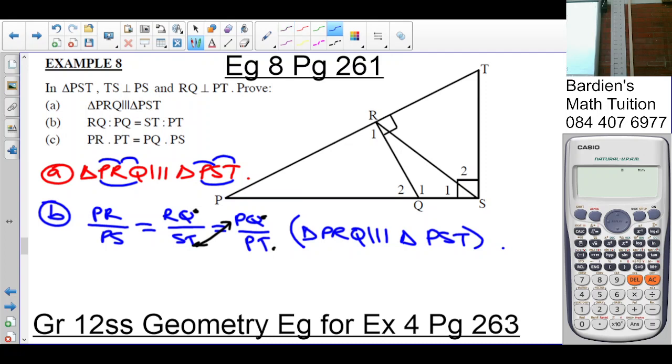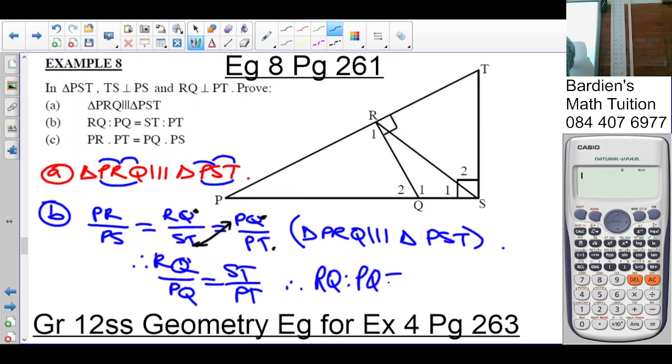Those two can interchange. So therefore RQ over PQ is equal to ST over PT. Therefore RQ is to PQ as ST is to PT.